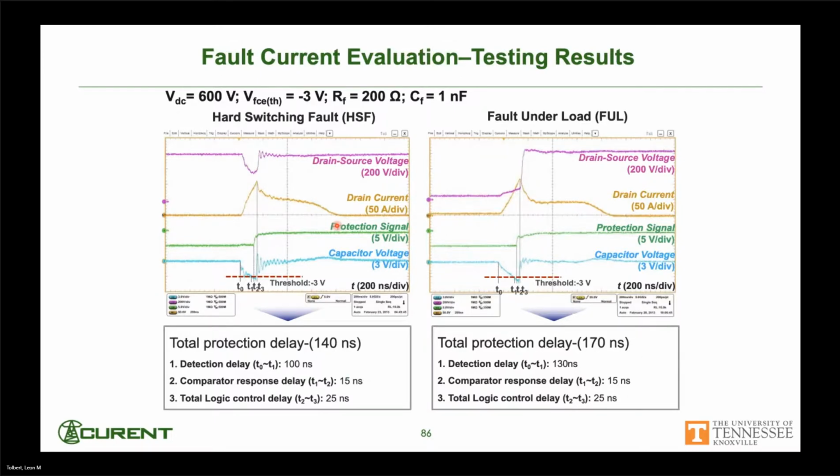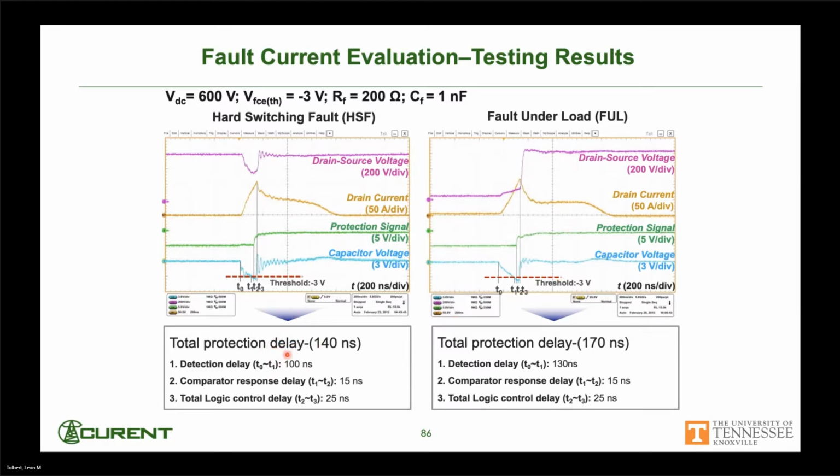This is showing some testing results here. Total protection delay here is about 140 nanoseconds. On the right here, about 170 nanoseconds. These are for the two different types of fault you typically consider. Hard switching fault means the fault is there and you switch into it. Fault under load means you were okay, the thing was on, and then the fault occurred while you were running or on.